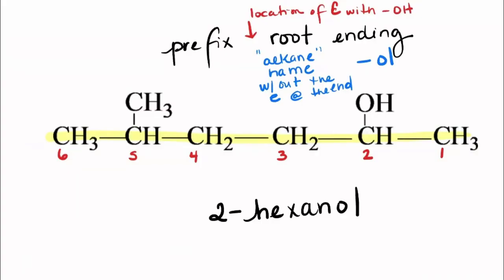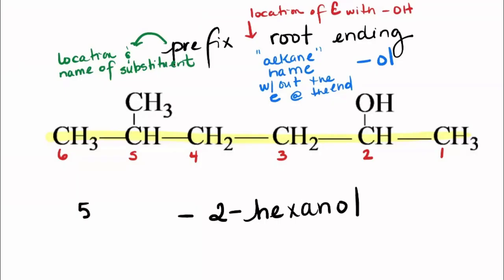The prefix specifically, just like before, is going to be the location and name for any substituent that we have. So let me just write it right here. This is going to be the location and name of the substituent, which means that for this molecule, it's going to be on carbon number 5, we have a methyl group.